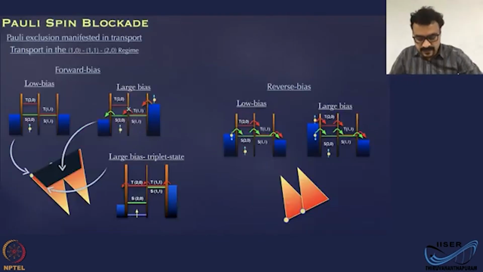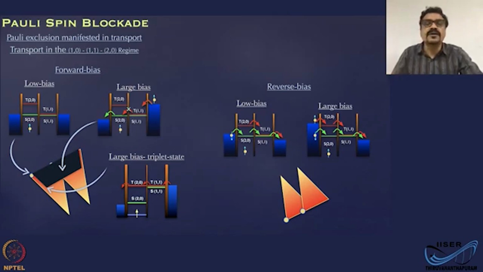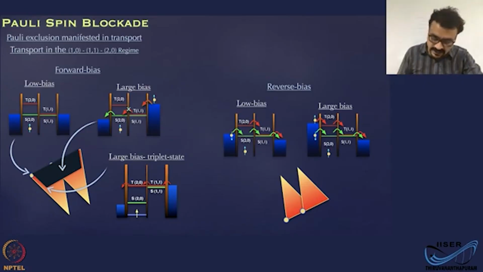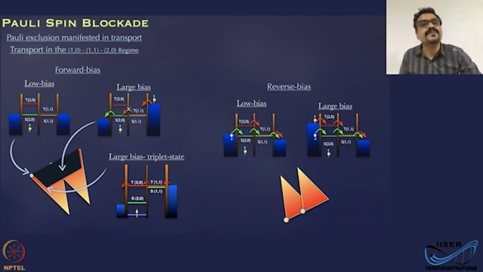Okay. After discussing the singlet and triplet states of the single and double quantum dot systems, I think now it is time that we discuss a very important and crucial phenomenon in the transport through double quantum dot system, that is generally referred to as Pauli spin blockade or simply spin blockade.